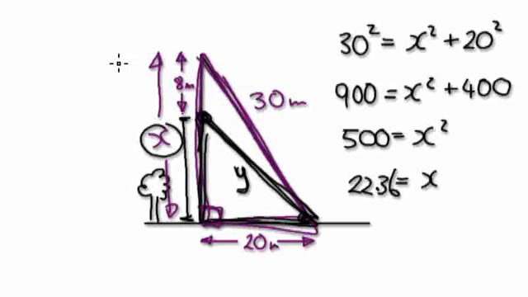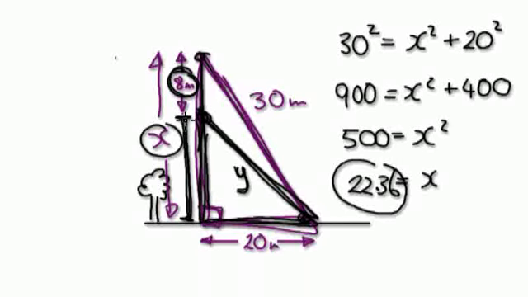Well, the total height of the pole is 22.36, but from here to here is 8 meters. Can you see that? So we have to get the total height of the pole, take away the 8 meters here. That will give us this height here.